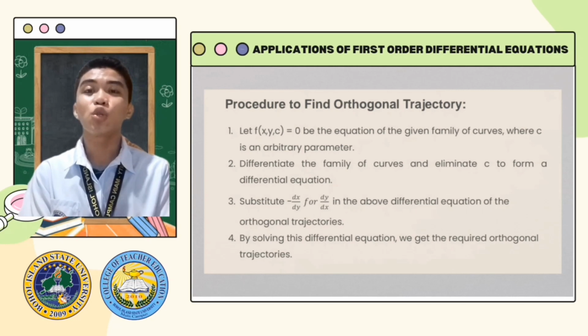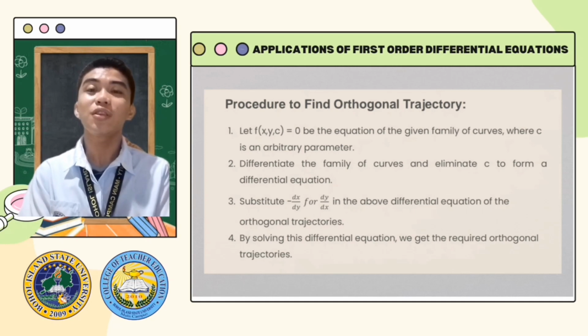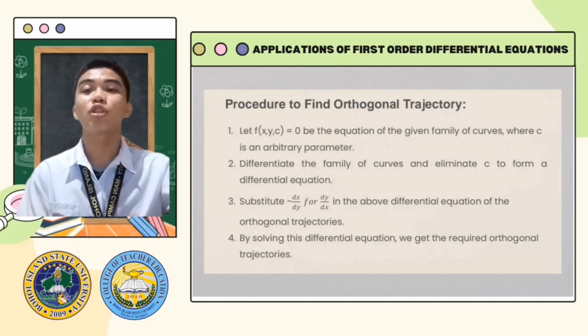Third, substitute the negative reciprocal of dy over dx, which is negative dx over dy, for dy over dx in the above differential equation of the orthogonal trajectories. Last, by solving this differential equation, we get the required orthogonal trajectories.